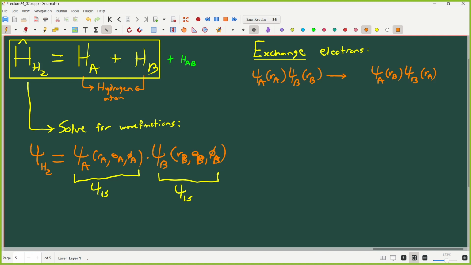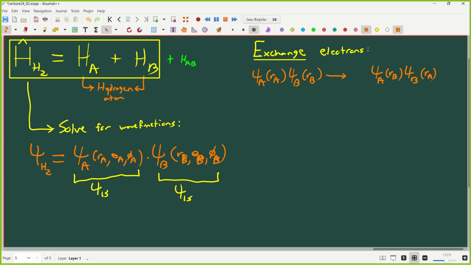When this theory first came up in the 1930s, people assumed that the proper wave function for H2 is just this. Remember, these are even functions.